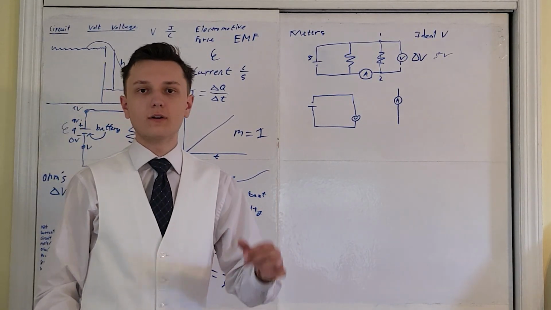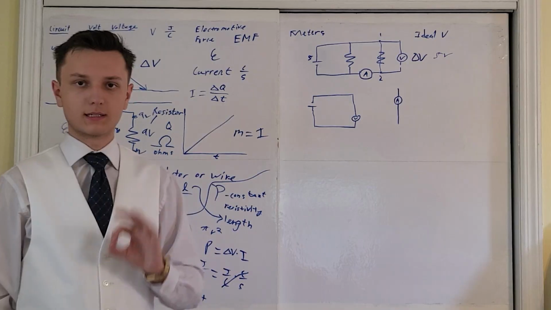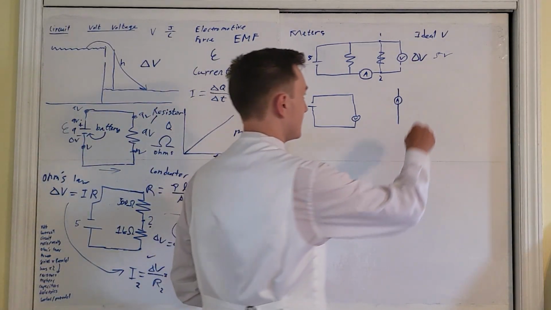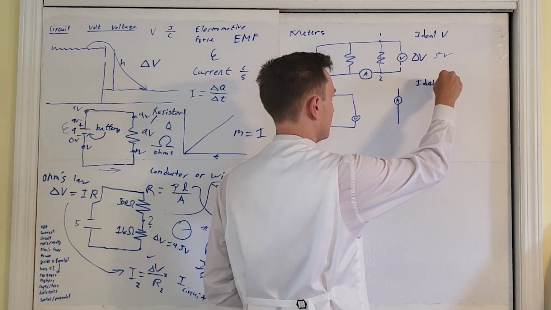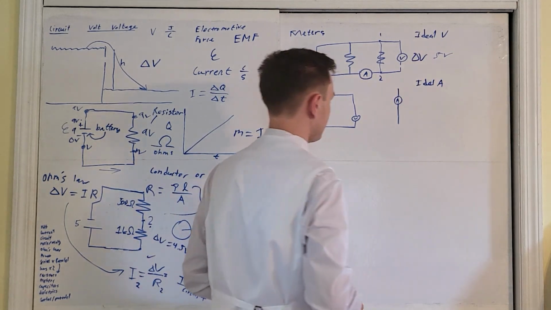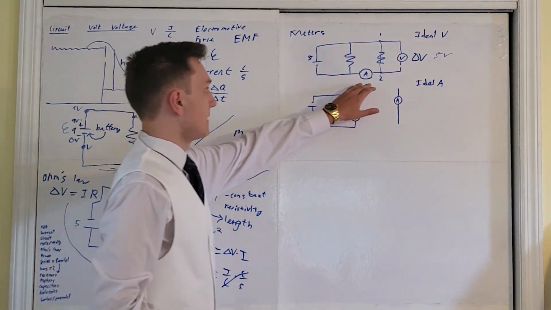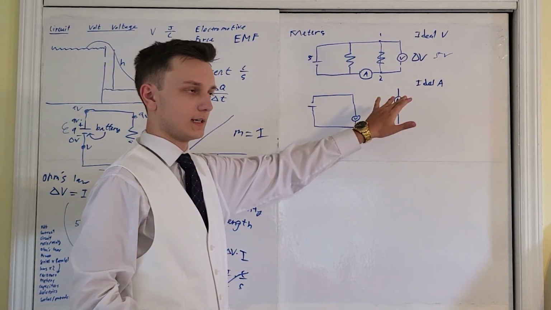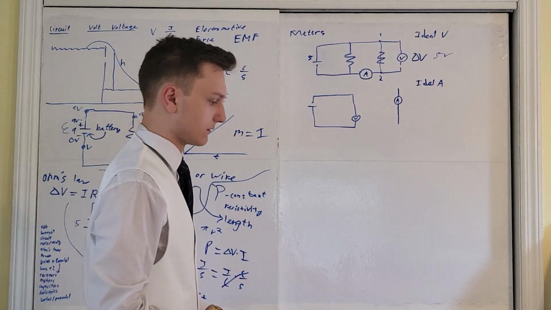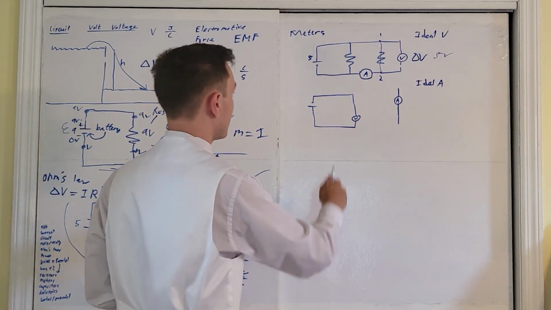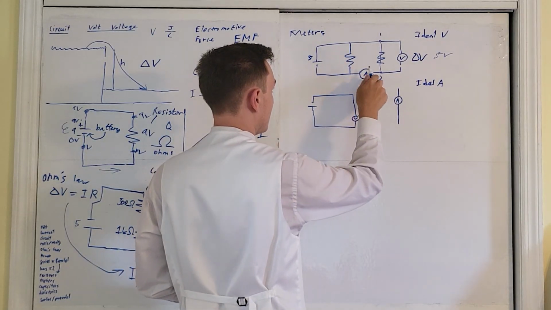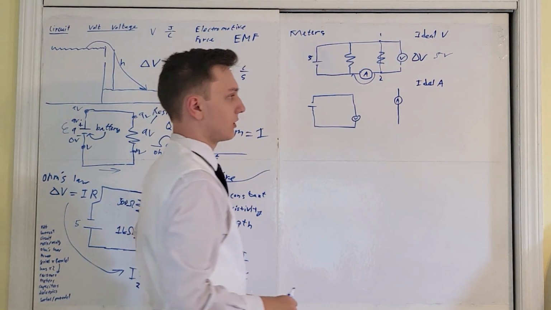That means that the ammeter has precisely 0 resistance. That is of course the case of the ideal ammeter. Which means the ammeter here behaves just like a conductor with respect to the rest of the circuit, but it would allow us to measure the current flowing through this wire.